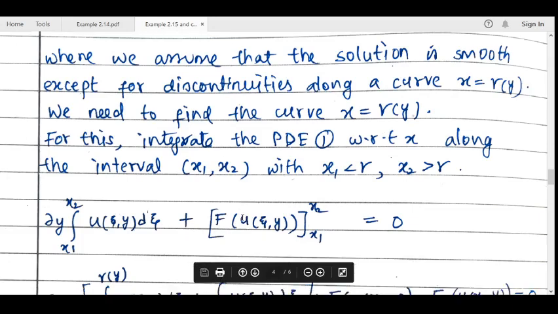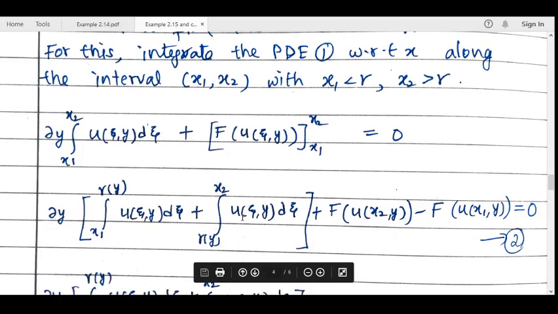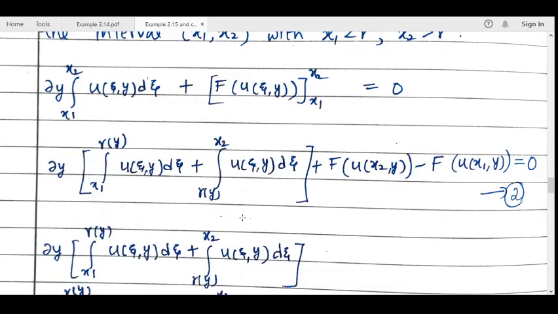As we did in the weak formulation of the Euler equation, in the same way we are doing it. There we integrated from a to b, but here we are integrating from x1 to x2, because the domain need not always be bounded. So we are taking an interval x1 to x2.